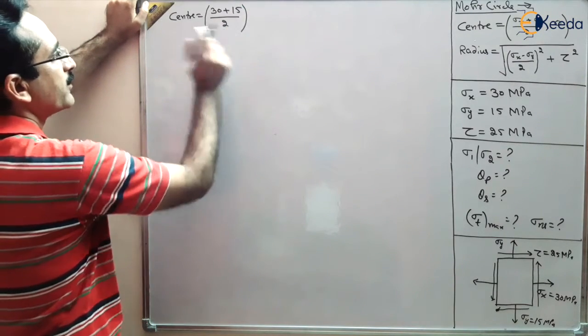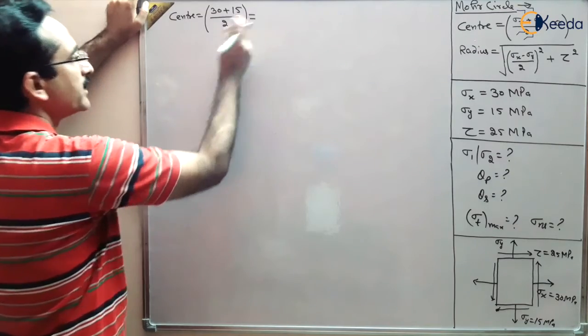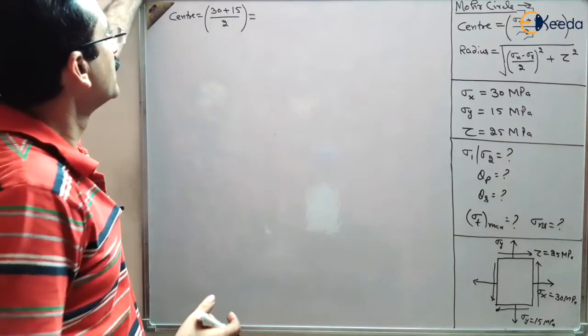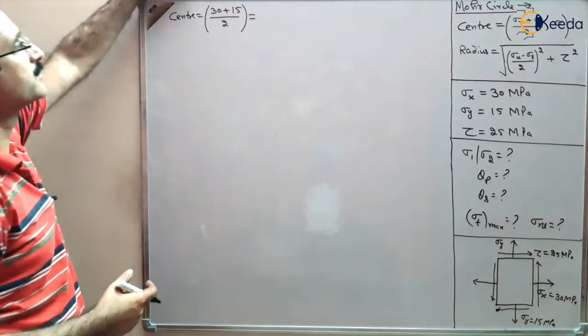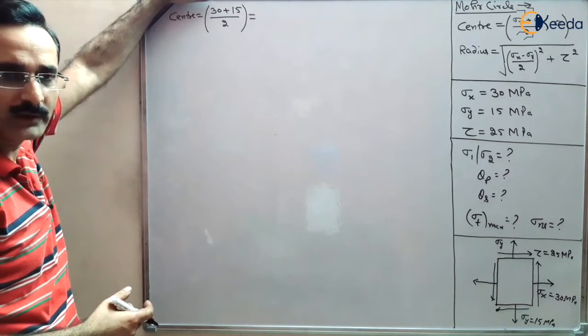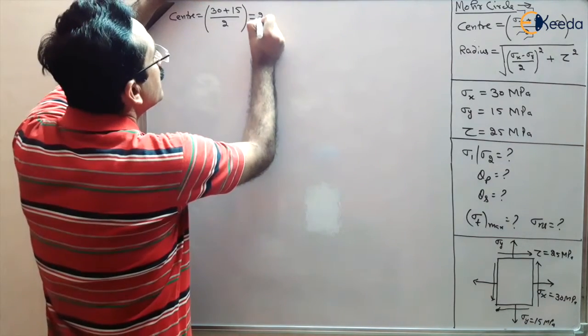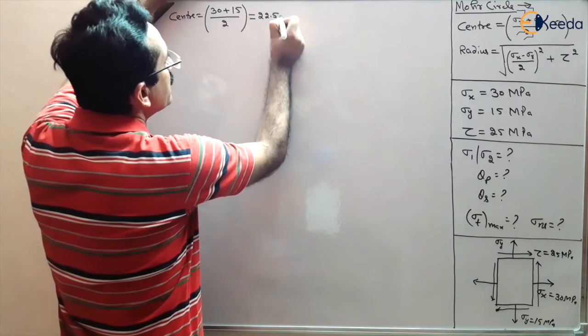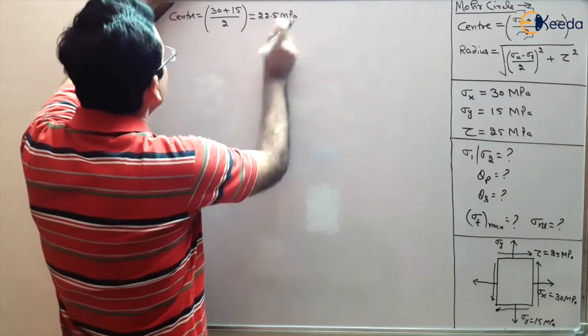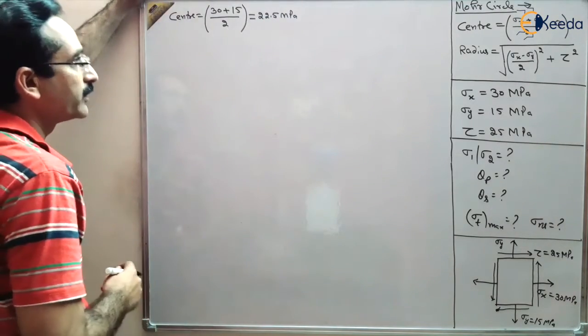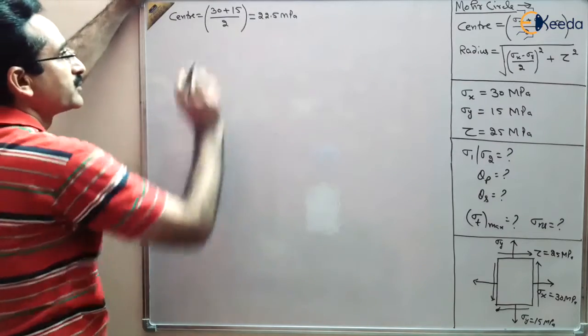We are not taking the y coordinate, because the y coordinate is 0. So this is 45 by 2, so you will get 22.5. 22.5 is your center, the coordinate of the center, and only the x coordinate we are taking.